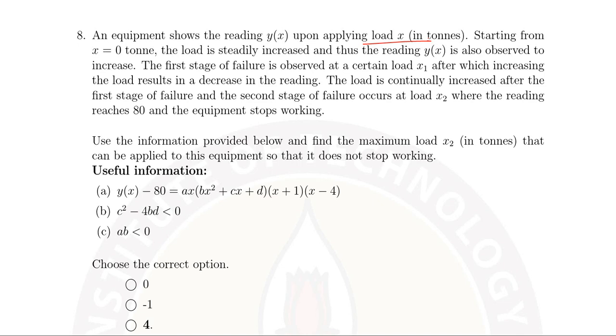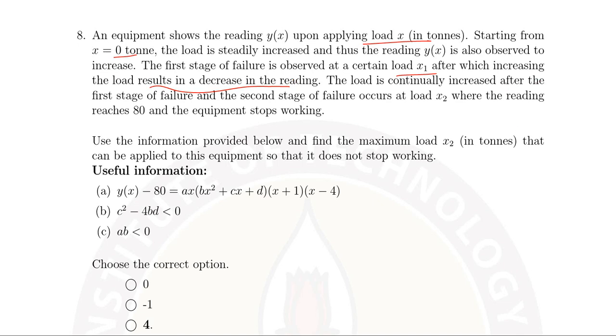Now starting from X equals 0 tons, the load is steadily increased and thus the reading Y of X is observed to increase. Further, the question says the first stage of failure is observed at a certain load X1, after which increasing the load results in decreasing the reading.